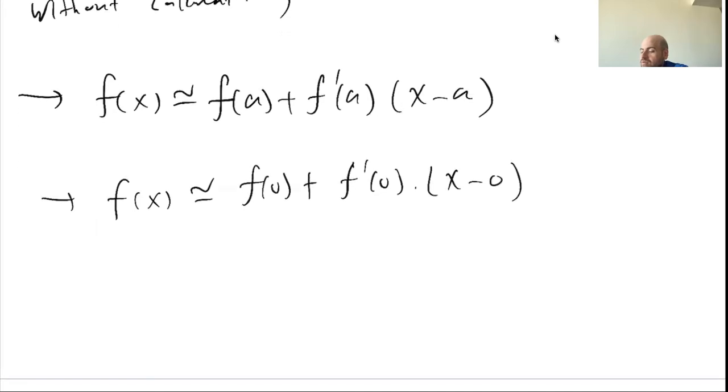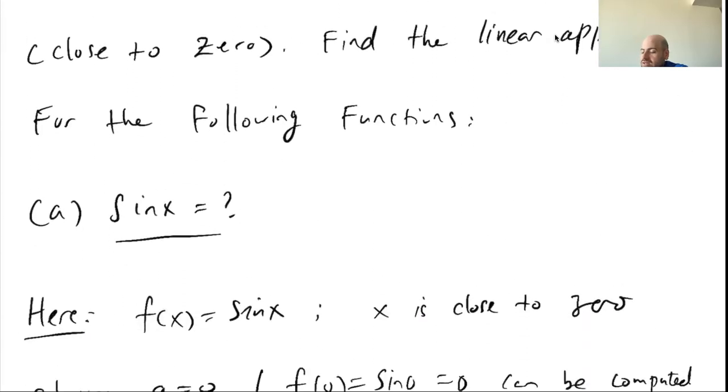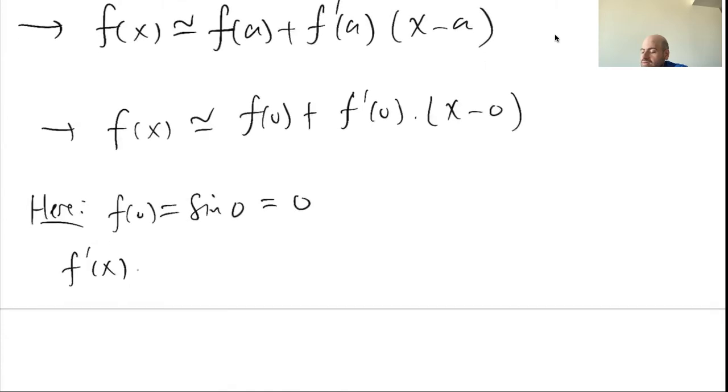Now, what is f prime of 0? Here, f of 0 is sine 0, so it's 0. What is f of x? F of x is sine x. So f prime of x, the derivative of sine x, is cos x. So f prime of 0 will be cos 0, which is 1.